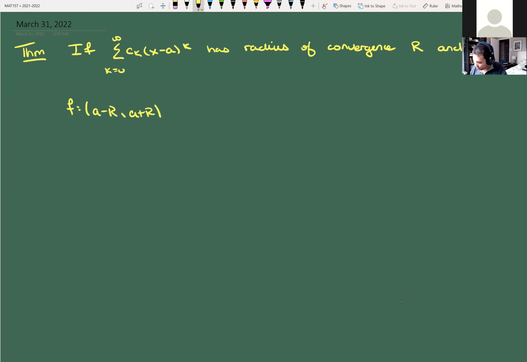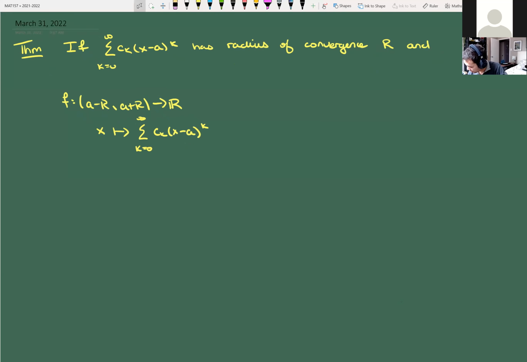And again, you sort of know what this function is going to be. Then f is in fact differentiable, and what we want to be true is true.